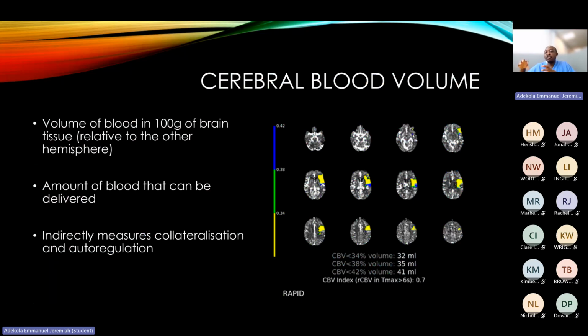This tends to measure how much collateral is supplied to that part of the brain that is damaged. It can give us an idea of how these patients are likely to progress, because if they've got good collaterals, that means they wouldn't progress as fast as someone who has got no collateral to that part of the brain.